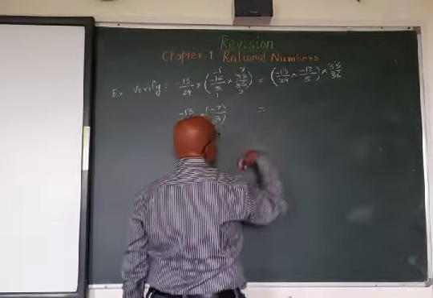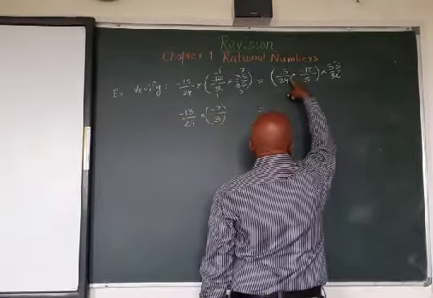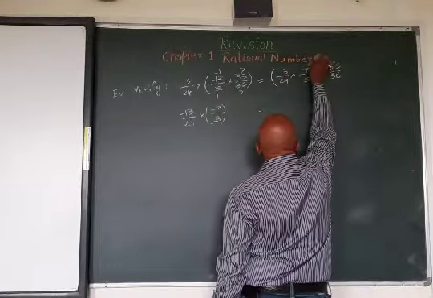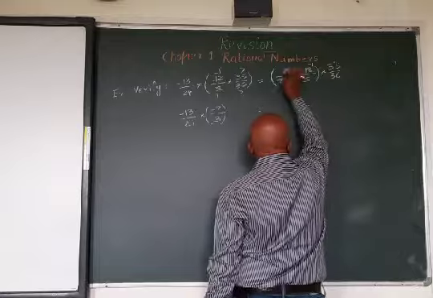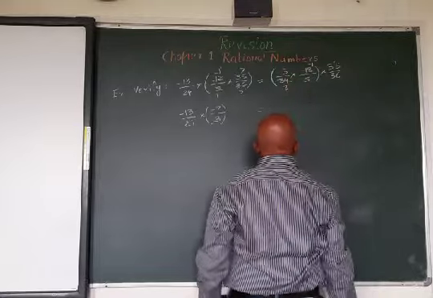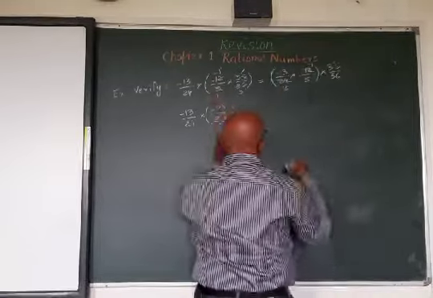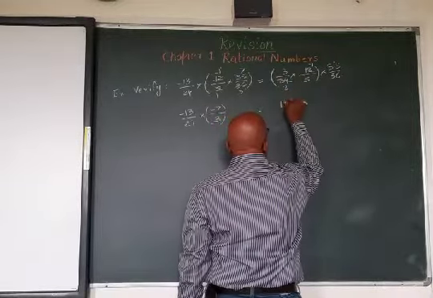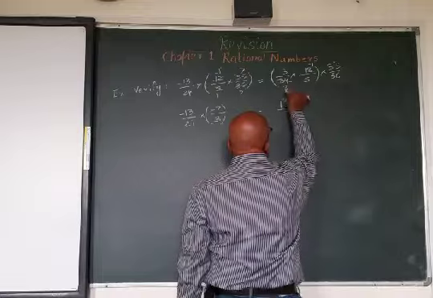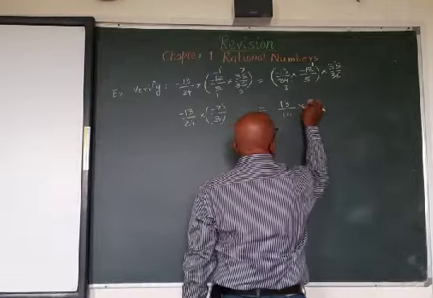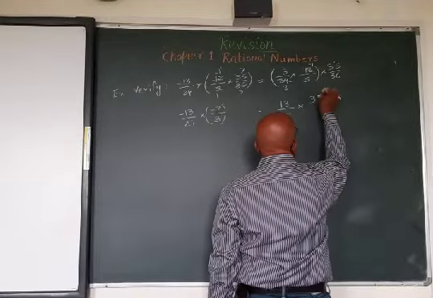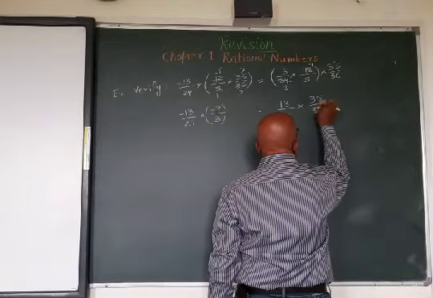Equal to, here, can you cancel anything? Yes. 12 1s are 12, so minus 1 with sign. Here 2. Can you cancel this? No. So minus 13 into minus 1 is 13 upon 2 multiplied by 35 upon 36.